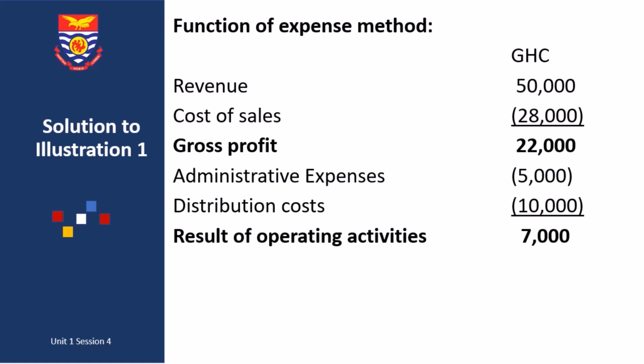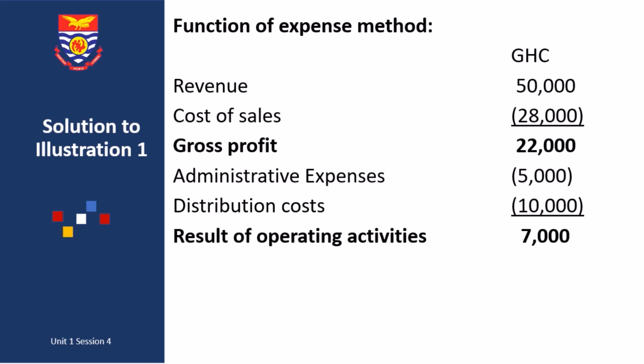So if you have a gross profit of 22,000 here, then we take the total administrative expenses. For the administrative expenses we have, I think, 3,000, 1,000 and 1,000, giving us the 5,000. Then when it comes to the distributive expenses, we are taking the total, which is 10,000.